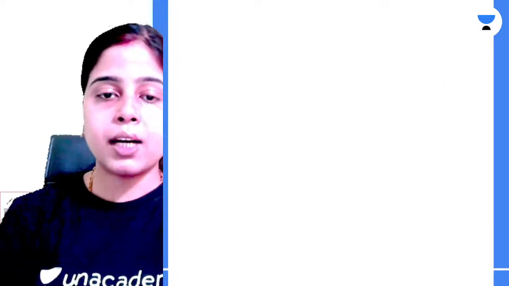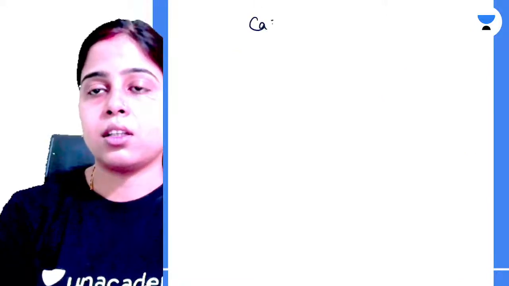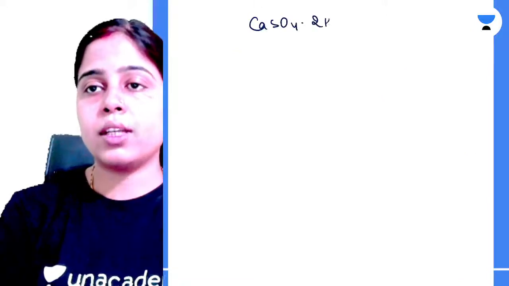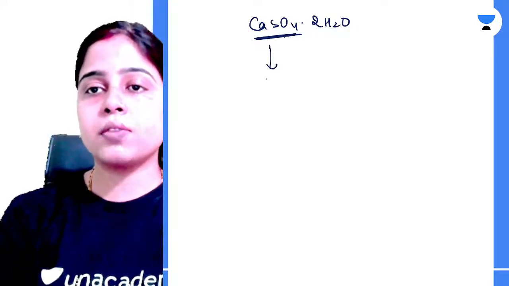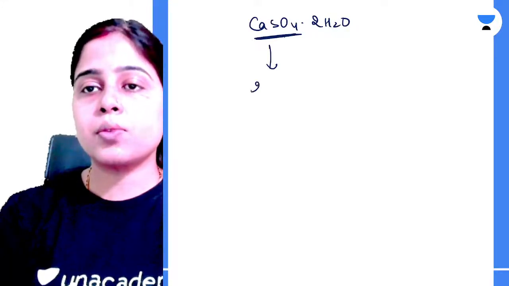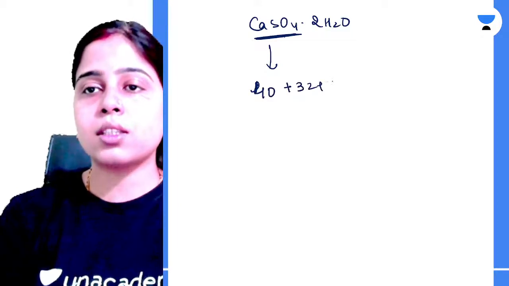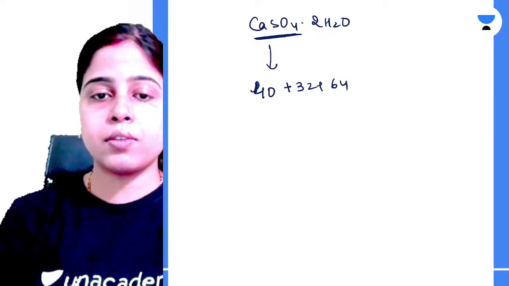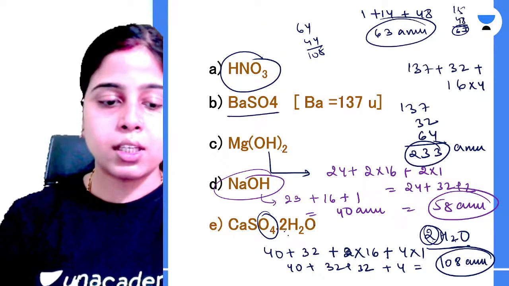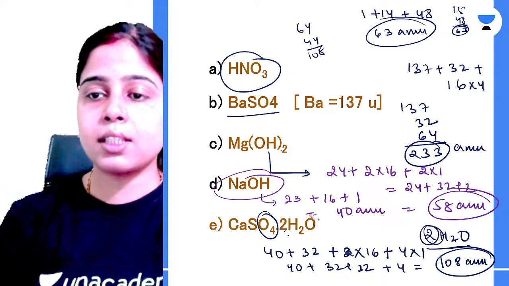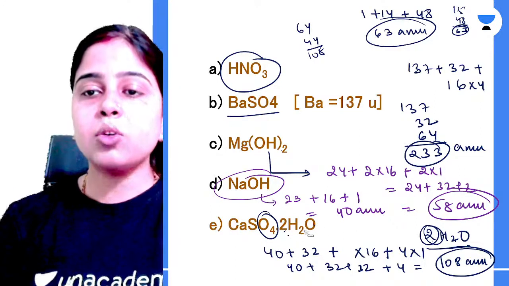For example, you have calcium sulfate dot 2H2O. So here let's find out the molecular mass of this. So Ca is 40, sulfur is 32, oxygen 16, 4 just 64. Very sorry, I have made a mistake here, because I have taken the number of oxygen to be 2 only, but that has to be 2 plus 4, 6.